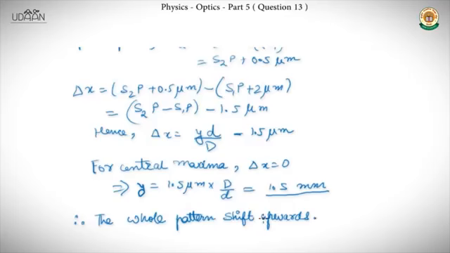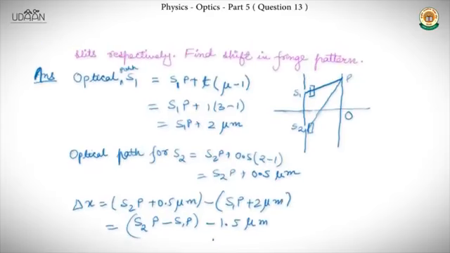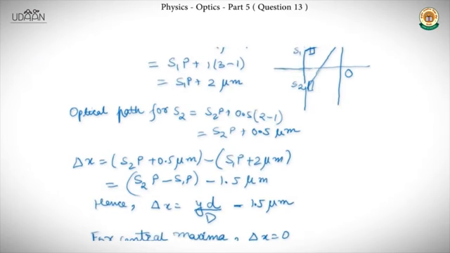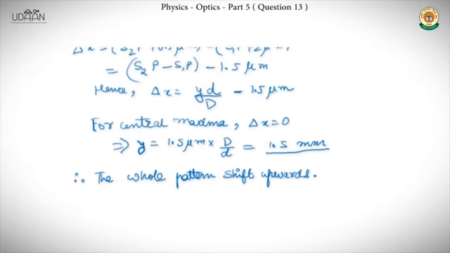So in this problem, we used the concept of optical path, that is, the path traversed through a medium of different refractive index can be substituted with that formula, and then we calculated the net path difference, and then substituted the respective values, and for the central maxima we used the condition that path difference should be 0, and then found out how much the pattern shifted.